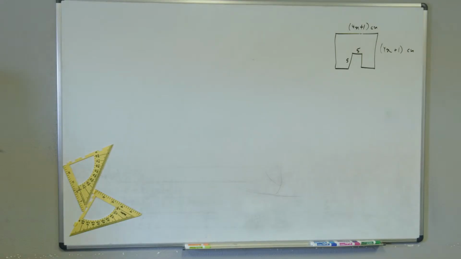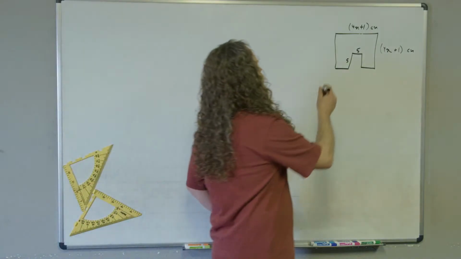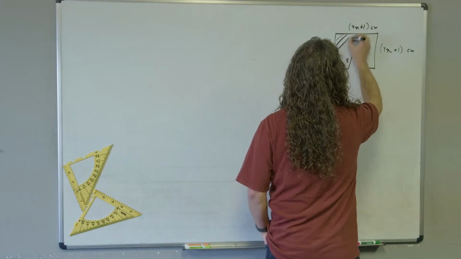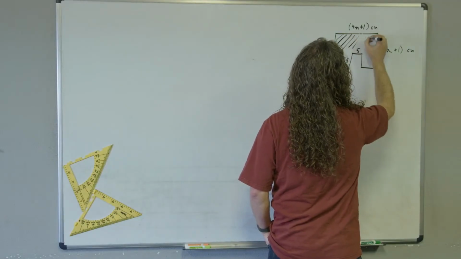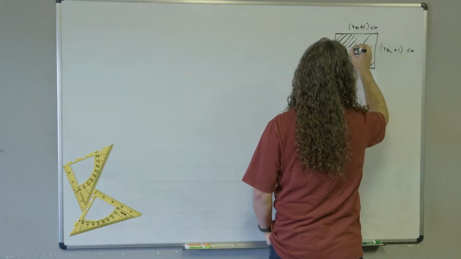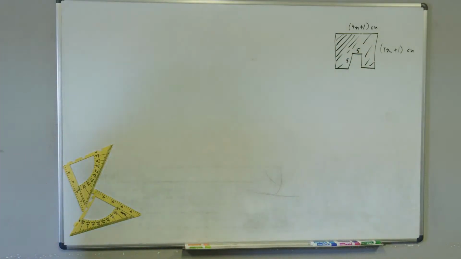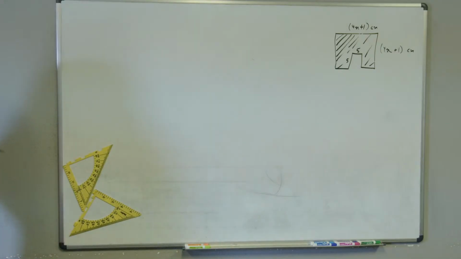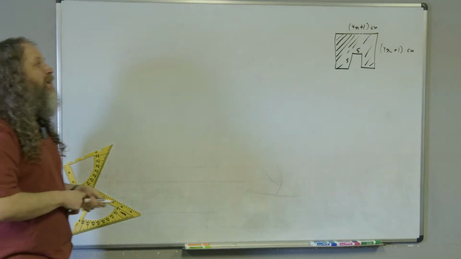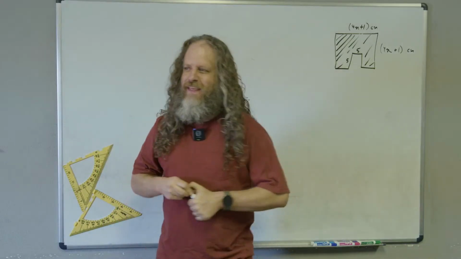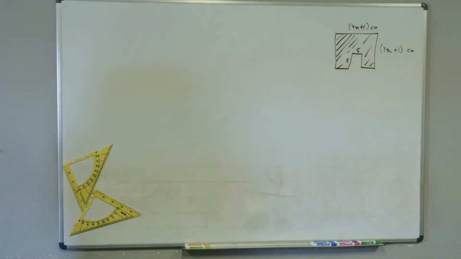Okay. So what tools? The question says write an expression for the area of the shaded region. What tools do we have that could be useful in this problem? Contained within the toolbox of our brain, what tools are in there that might help us with this problem?